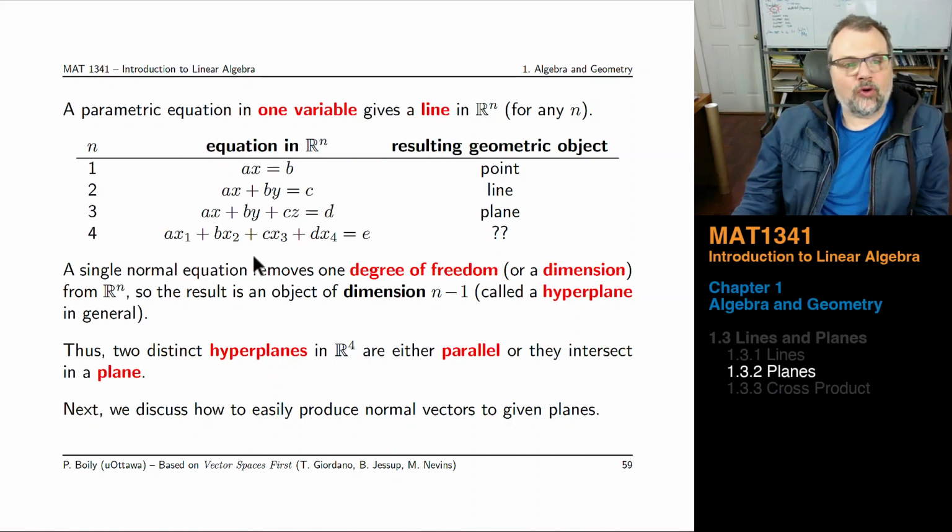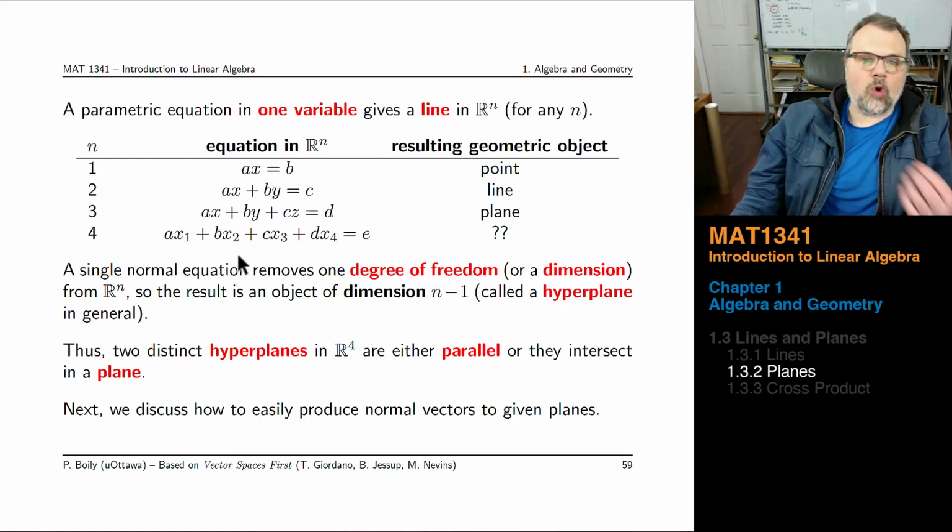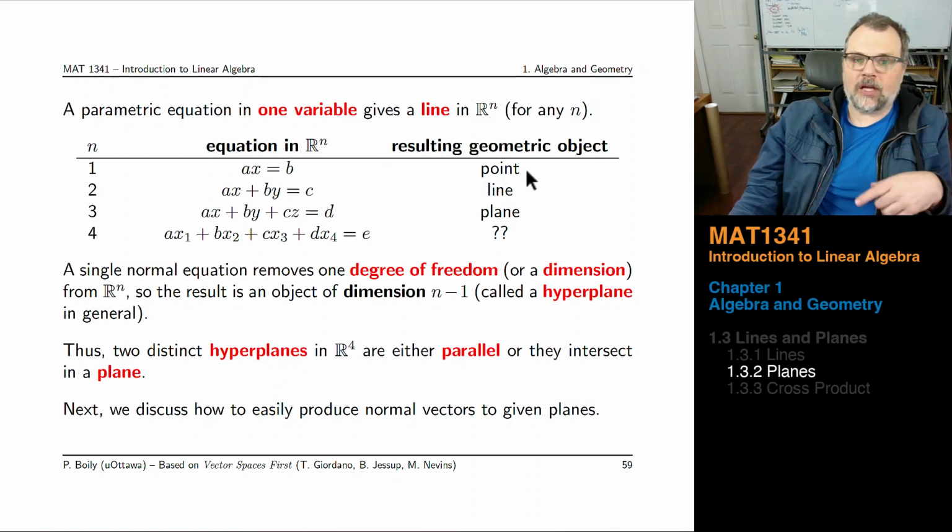The Cartesian form is also called the normal equation. And what it does is it removes one dimension from n. So the resulting geometric object is an object of dimension n minus 1. A point is an object of dimension 0. If I describe an object using a normal equation in one space, I'm going to get a 0-dimensional object.